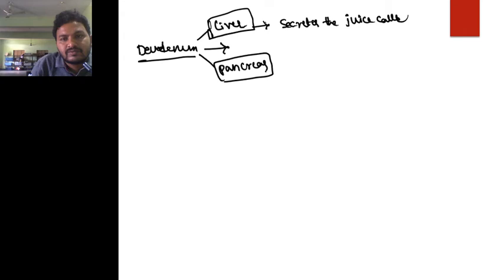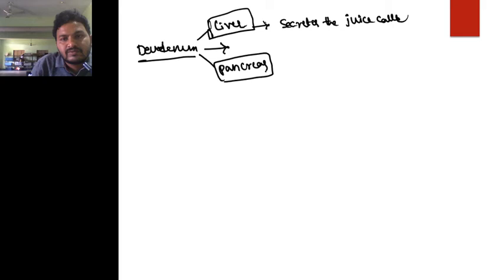Next, the liver also acts as the check post of the body. Liver is also known as the check post of the body. Why is the liver called a check post of the body?